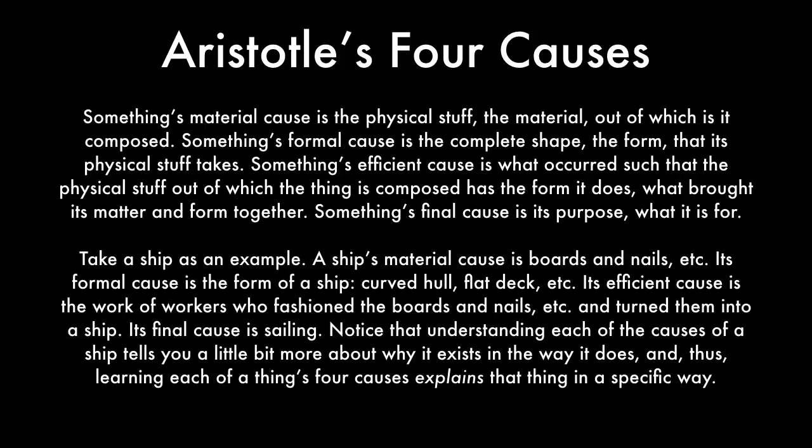Its final cause is perhaps sailing or getting merchants from point A to point B. Notice that understanding each of the causes of a ship tells you a little bit more about why it exists in the way it does, and thus, learning each of a thing's four causes explains that thing in a specific way.